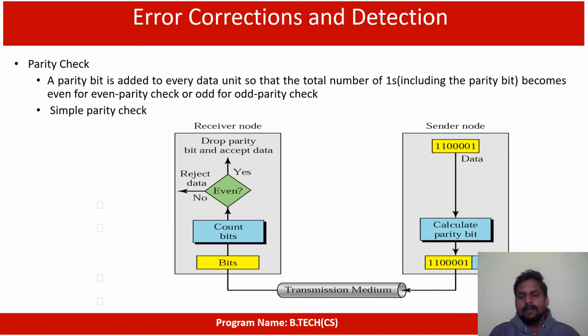If you are going for the concept of even parity, then you have to find out how many ones are present in the received data. If it is an even number, then we can say that the received packet will be good, because there is no odd number of ones and there are no modifications. If any hacker includes any one or any zero, the count will be different. So we are looking at that count only. And if you are looking at the odd parity check concept, then the received information should have an odd number of ones only. If you receive an even number, then we can say that some modification has been done in that.